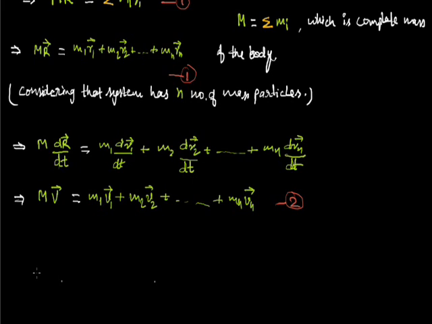Now see, if we again differentiate equation number 2 with respect to time, then it will give the term rate of change of velocity. It means change in velocity with respect to time. We call it acceleration.